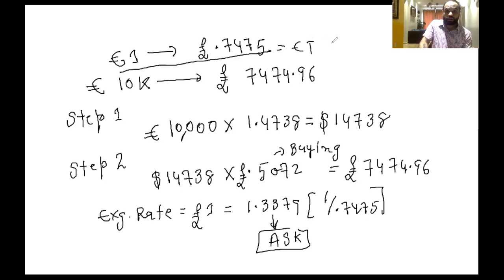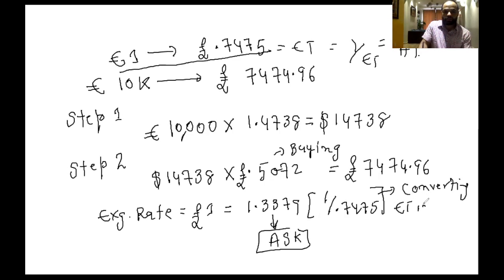So in order to convert European terms, 1 divided by European terms equals American terms, right? That's the reason I am converting European terms into American terms. So now we got American terms, bid and ask spread.